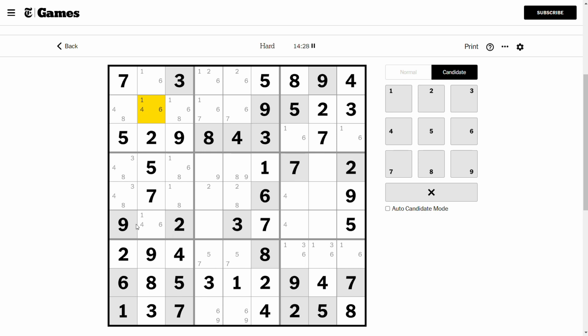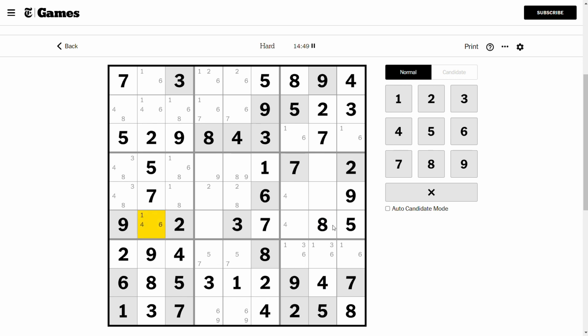Okay, so if you look at row 6, the 4 open cells and the digits that go in these 4 cells are 1, 4, 6, and 8. This cell sees this 8, this cell sees this 8, and this cell sees this 8. So this becomes the only open cell in the row for 8. 8 must go here, because it can't go anywhere else in the row.